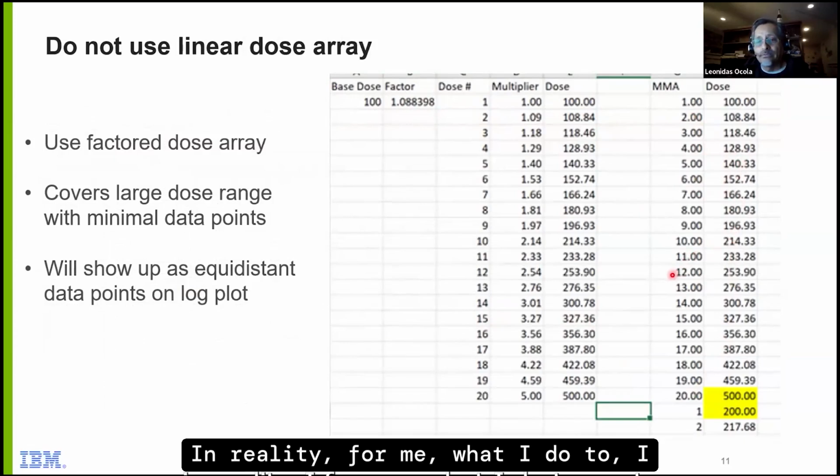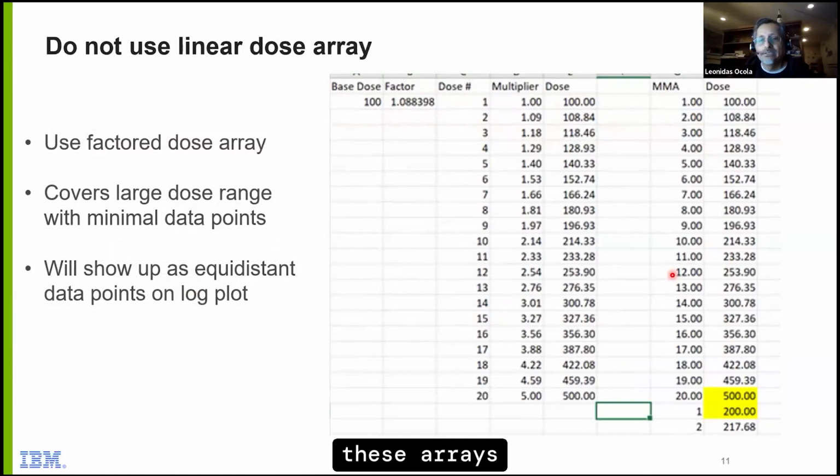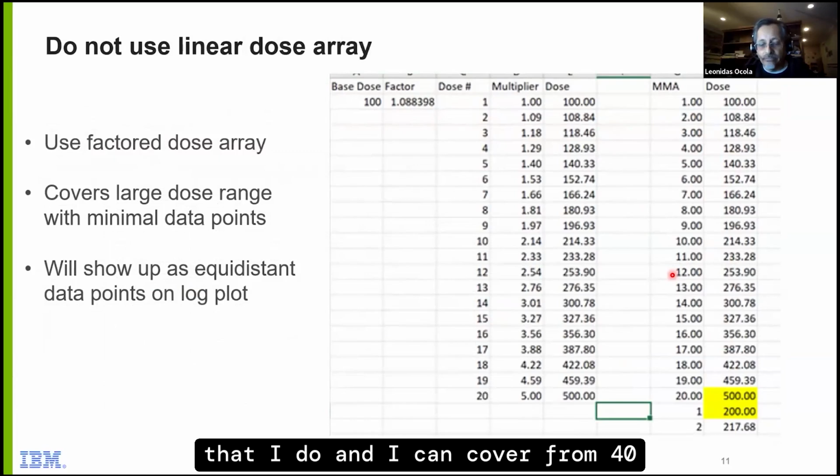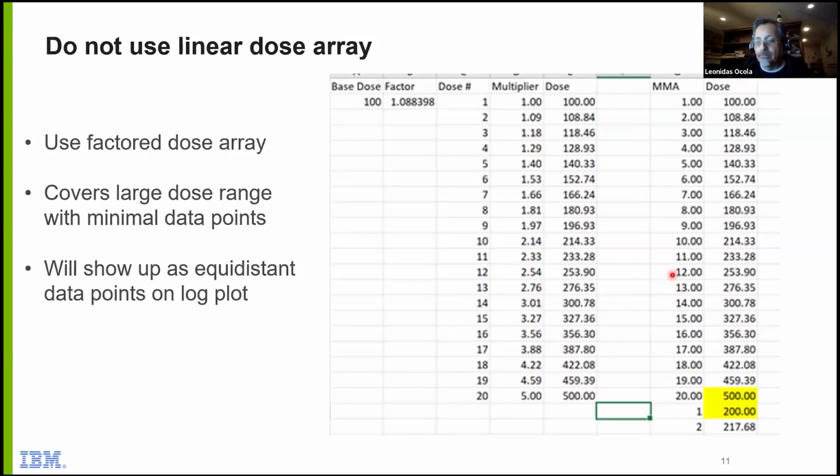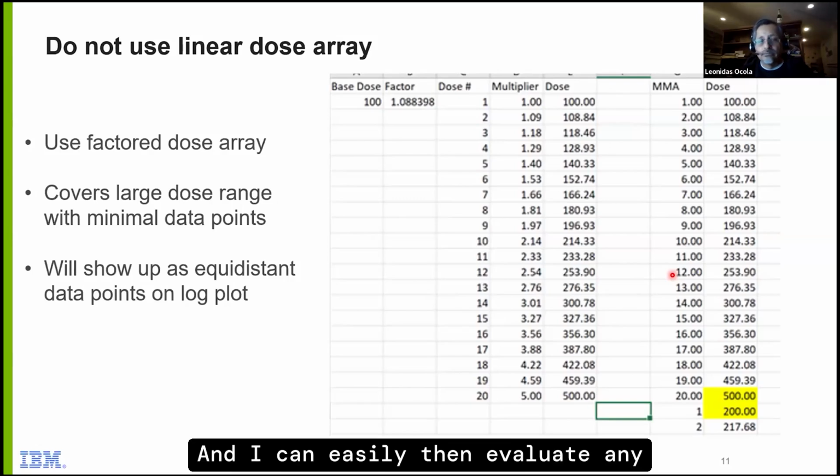In reality, what I do is I have one pattern, basically 4 of these arrays, and I can cover from 40 microcoulomb to 4,000 microcoulomb very quickly. And I can easily then evaluate any resist with my tool in one shot, in one exposure.